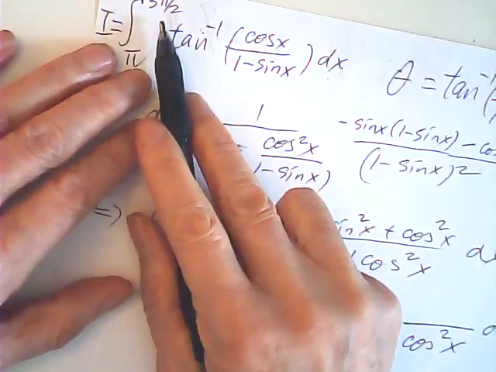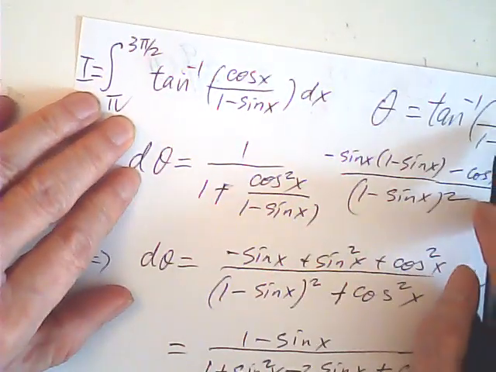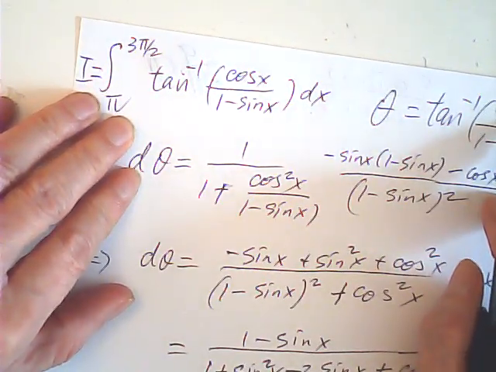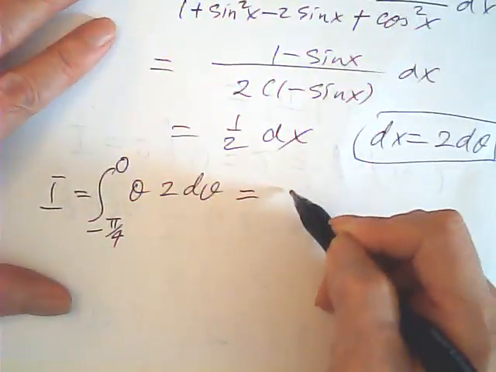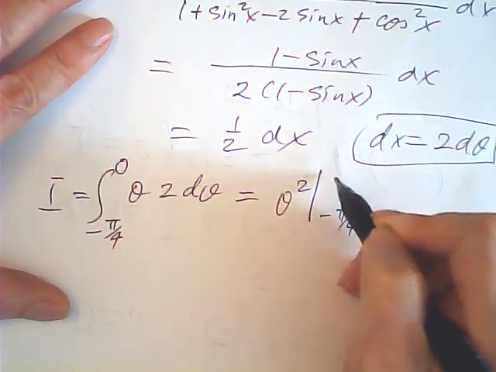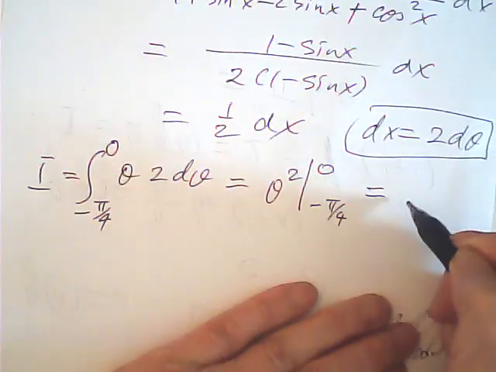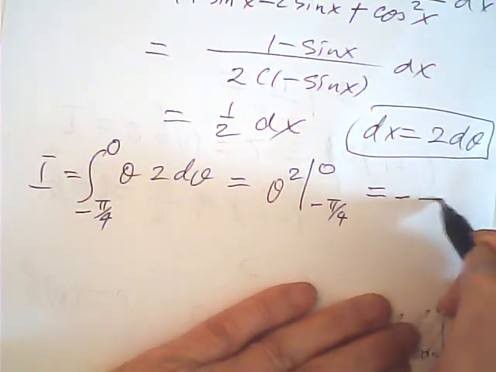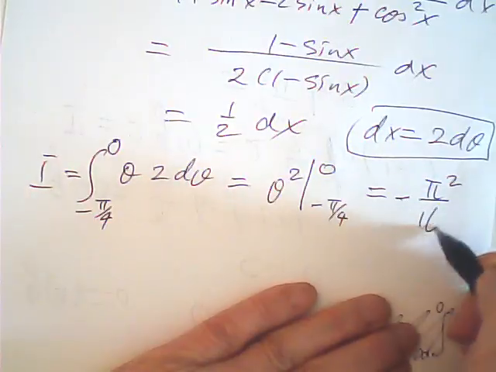When x is equal to 3 pi over 2, for cosine is a 0. So it's 0. So it should end up with theta square. Wow, this is equal to negative pi square over 16.